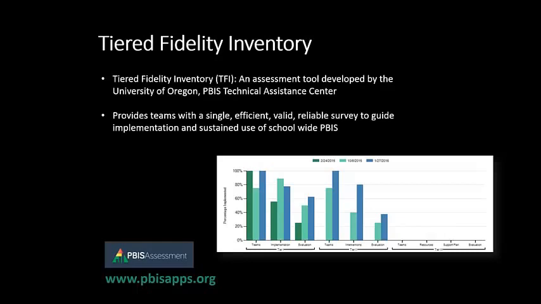Each time they took it, they took the Tier 1 components, or section, of the TFI, and then the last 2 times they did the Tier 2 as well. It's nice to see they're improving each time. And it gives them a little bit more data in terms of teams, implementation, and evaluation. So are their teams solid? Are they implementing the core features? And do they have a nice solid evaluation system?